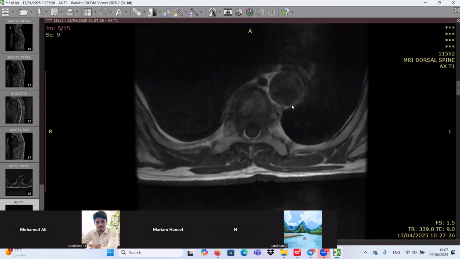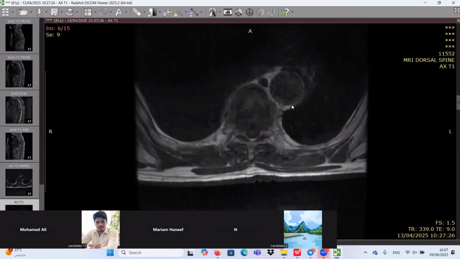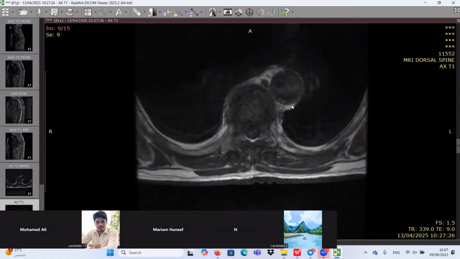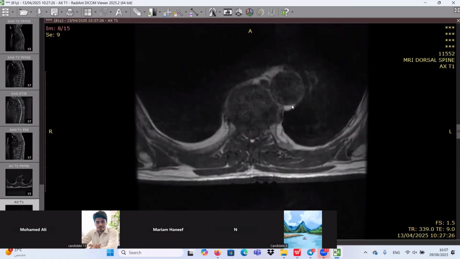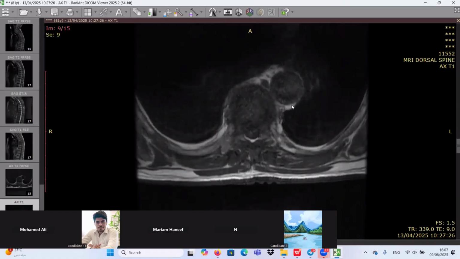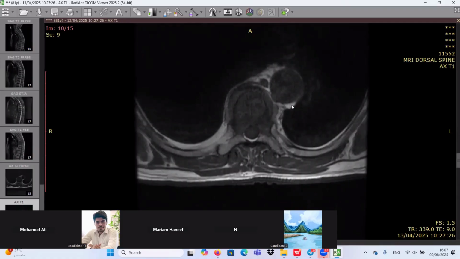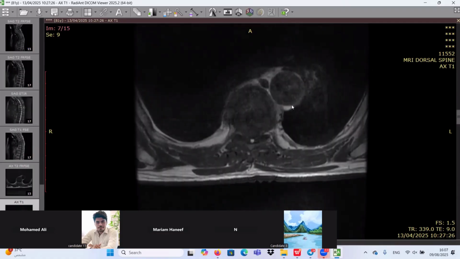This is axial T1. Okay. This is T1, right? Okay. Yes. So I can see that the pleural effusion appears hyper in T1.